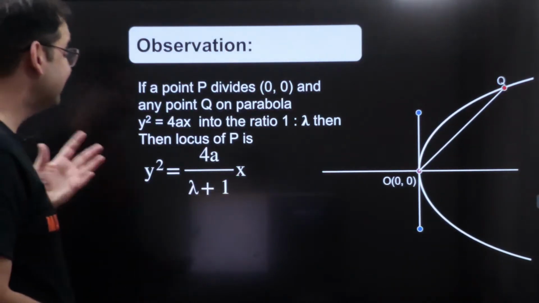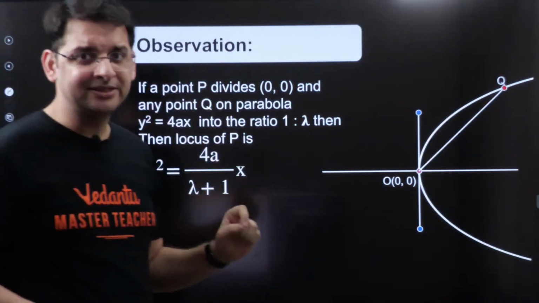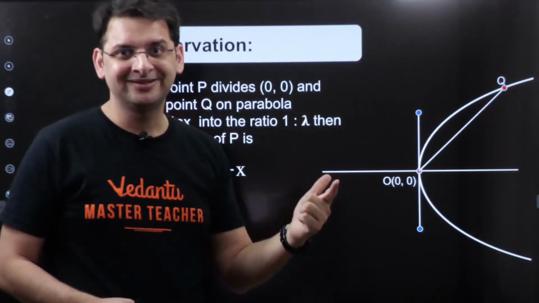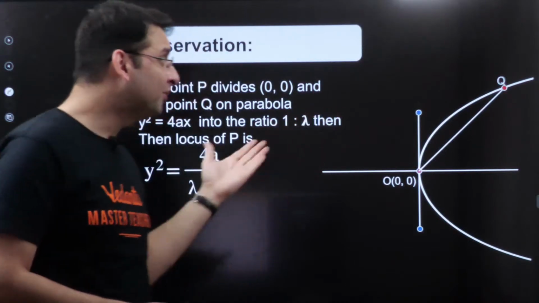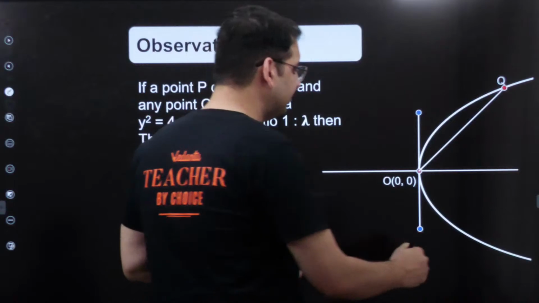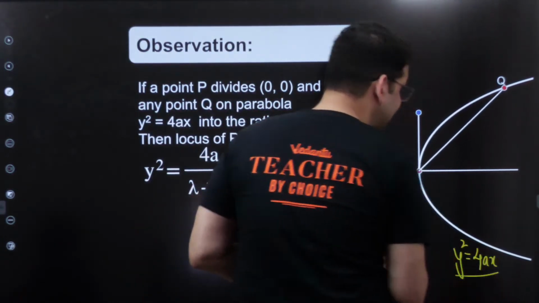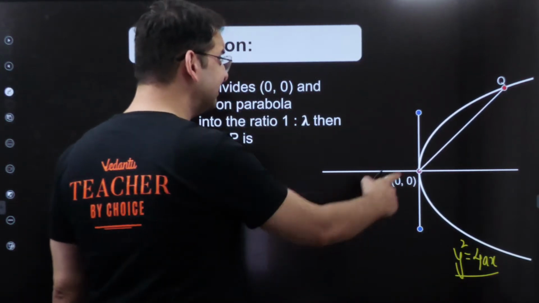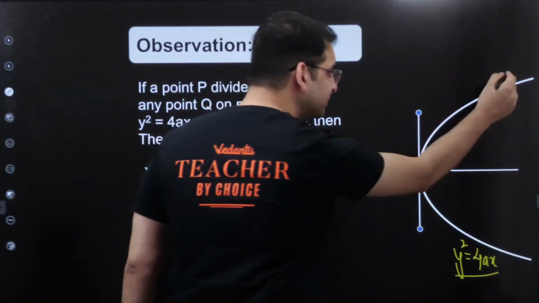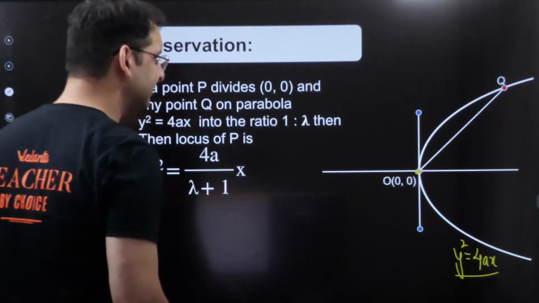Now, this is also one of the observations which I have made personally. A lot of questions in JEE Mains and JEE Advanced have come on this locus. So we talk about the standard parabola, let's say y square is equal to 4x. There is a point Q, any point Q, which moves on the parabola. The other point is fixed on the vertex.